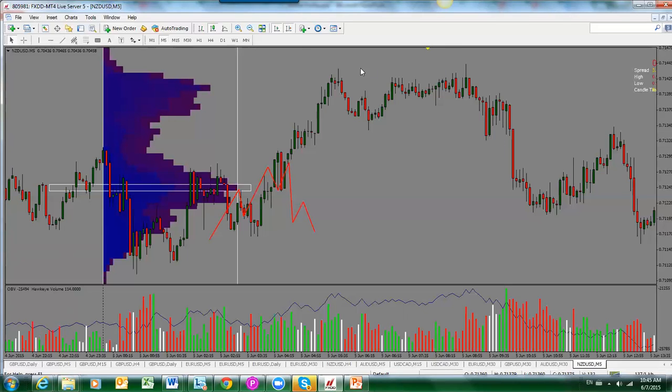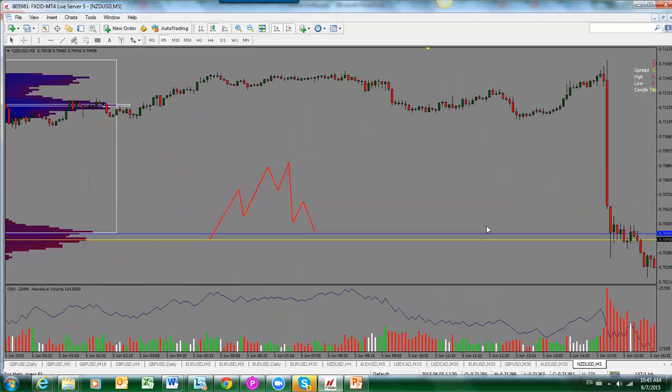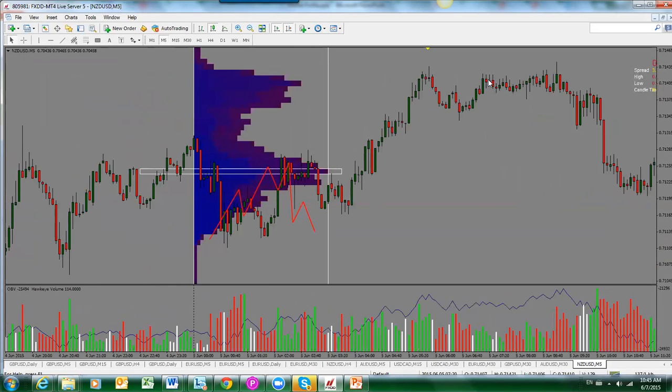It doesn't look like the market wants to go above this point. That's where you start looking for the price to go down, and you're looking for the price to come back to this point of control. This is where most of the activity happened, and you're looking to take your first profit here, and then the second one at the bottom here. And here we saw a pullback, and then the price eventually dropped. So that's what you're looking for essentially.